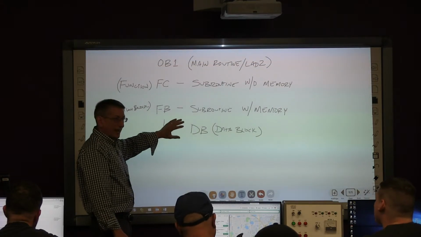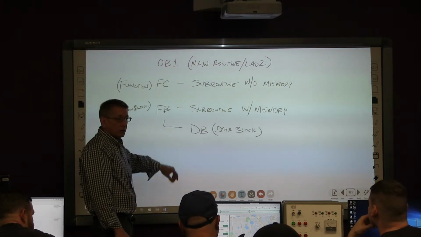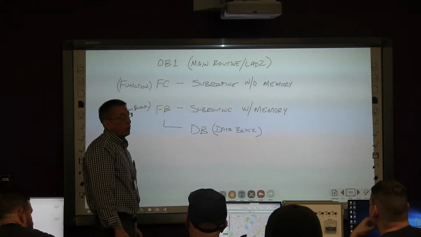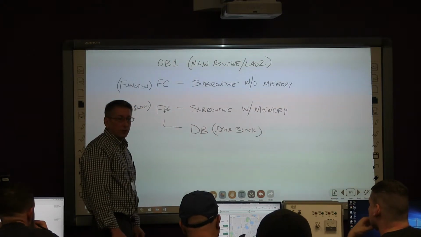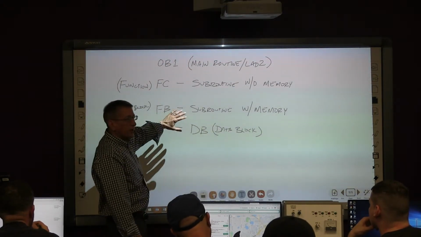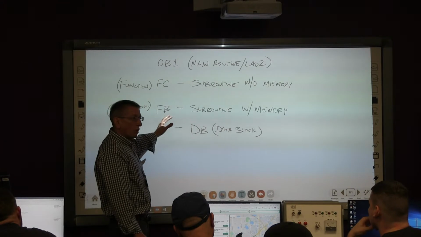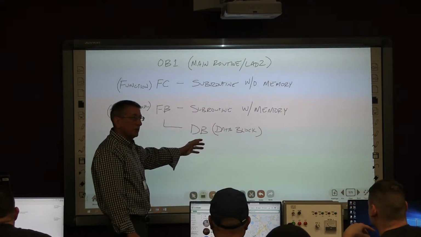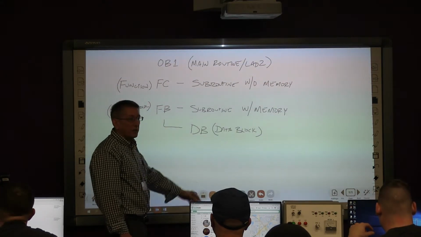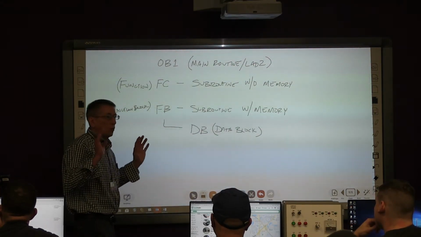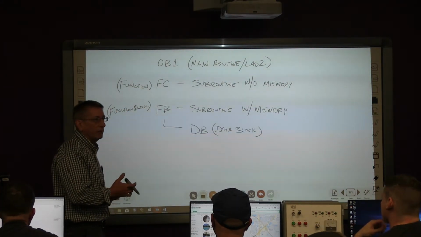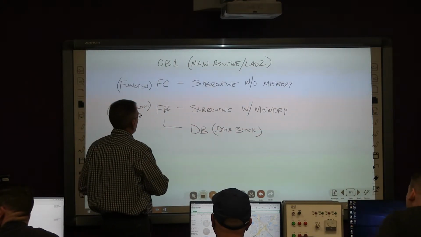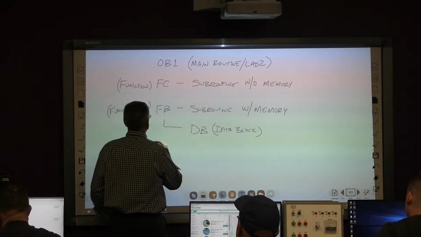All data blocks do is store data, that's all they do. Let's say we run some calculations in a function block, and we want to buffer off the results of the calculations and send them to a data block. I know it's all just words right now, it doesn't mean a thing to you yet, but it will.